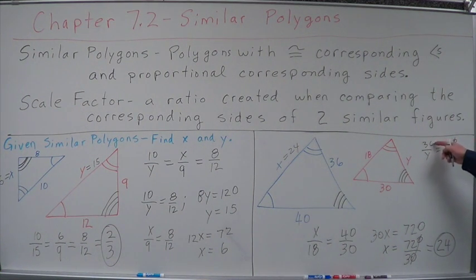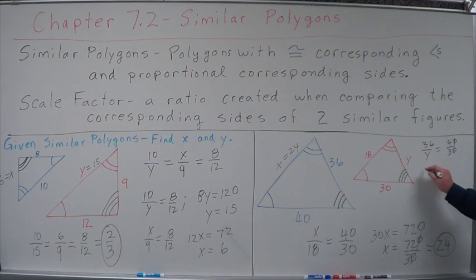What goes into that? 9 times 3. I would expect this to be 27. Let's see what happens. 3 times 36 is going to be 9 times 12, so that's going to be 108.